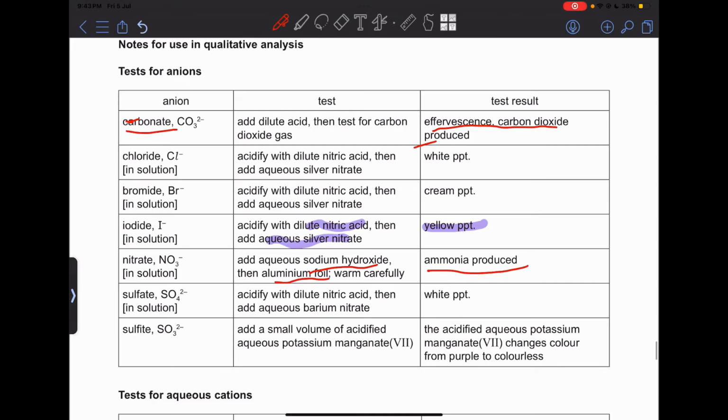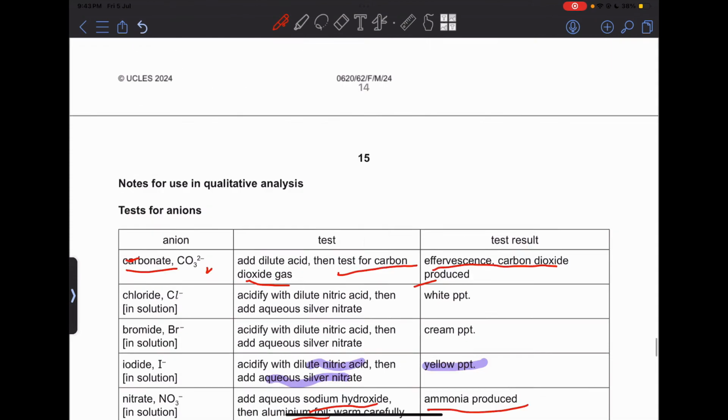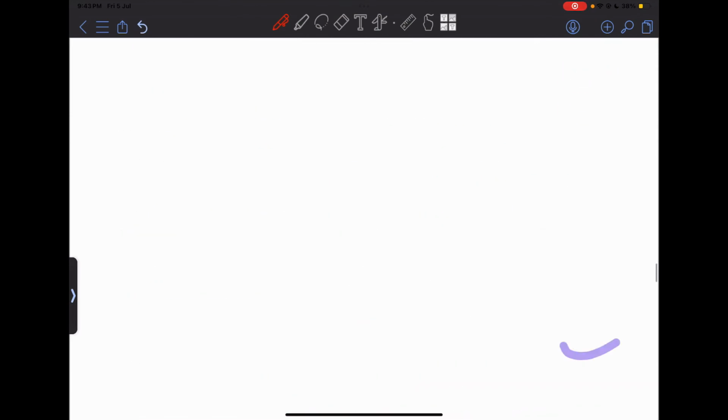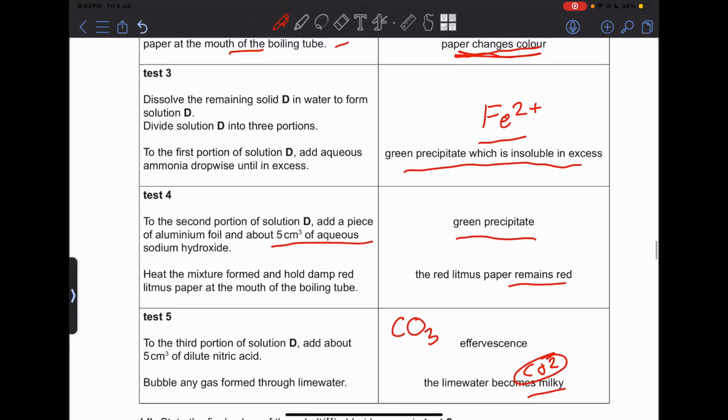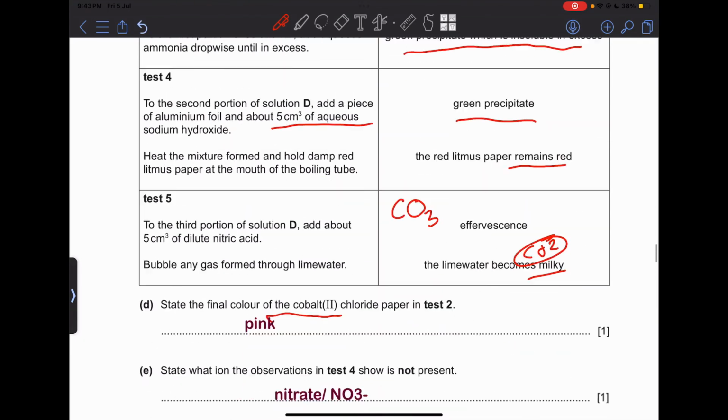Over here, and this is the carbonate test. They added dilute acid and then tested for carbon dioxide gas. This was by bubbling through lime water. So carbon dioxide produced and there was effervescence. So this was present there. So far we have carbonate, we have iron 2 plus, and we have sodium.